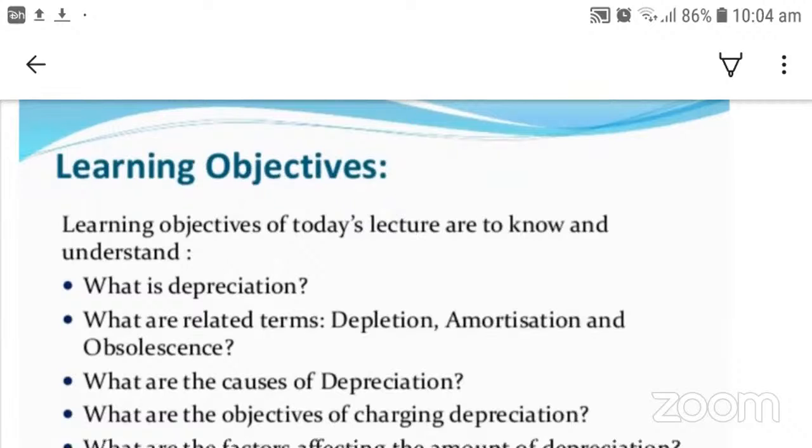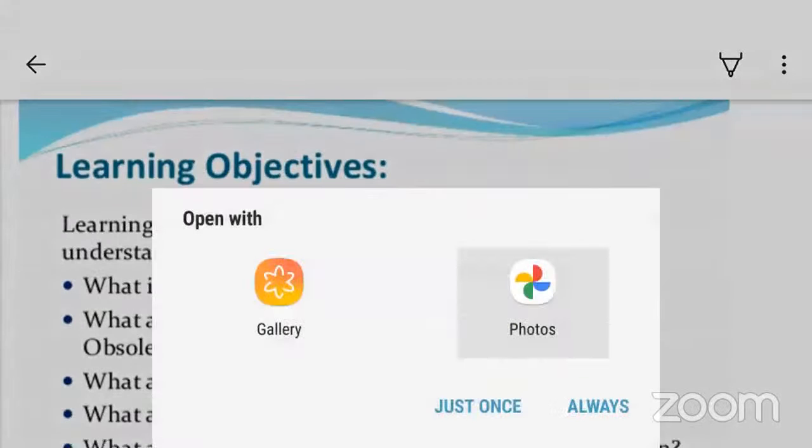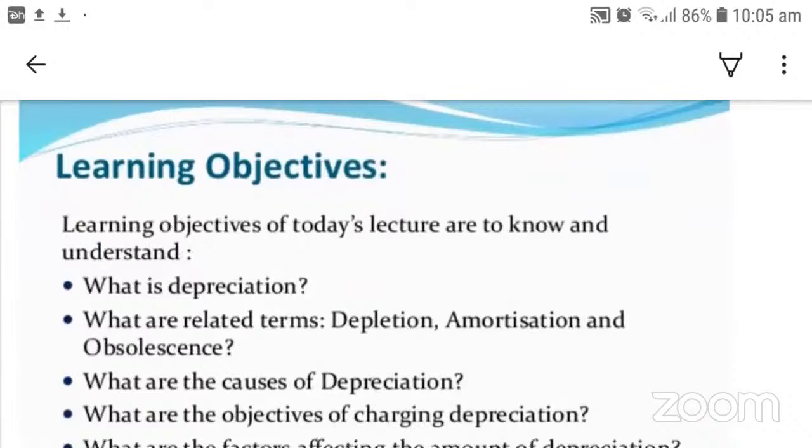First, let me give you the chapter outline. Here I gave problem models. Now we are going to learn what is depreciation, what are related terms: depletion, amortization, and obsolescence.